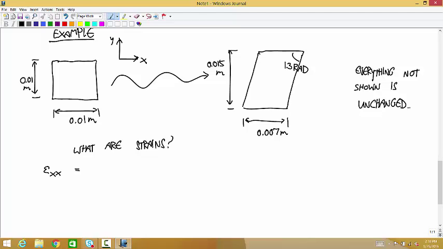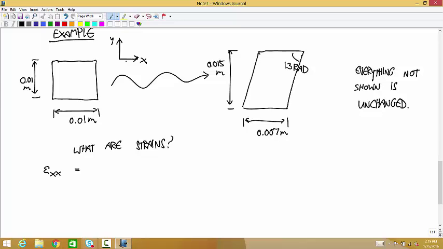It's just this one face. So we have a length change in the X direction, a length change in the Y direction, and an angle change between the X and Y faces. So we expect non-zero values for EXX, EYY, and gamma XY.